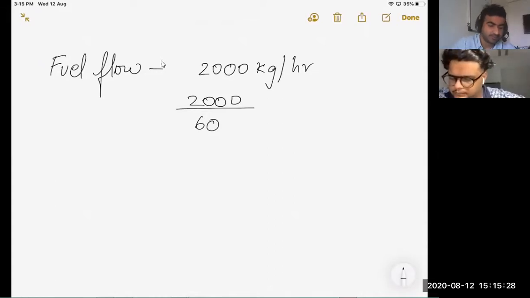Any value that you have in hours, if you have to convert it into minutes, you will divide it by 60, because 1 hour has 60 minutes. Remember this. So we'll divide 2000 by 60. Where's the calci?